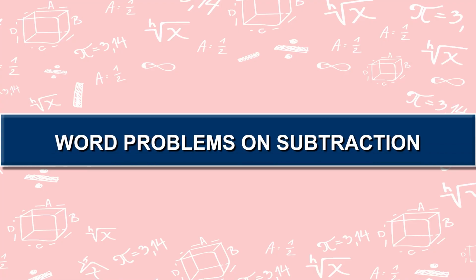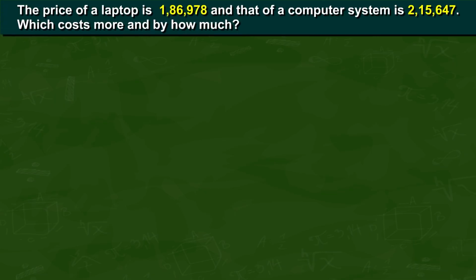Word problems on subtraction. Example. The price of a laptop is 1,86,978 and that of a computer system is 2,15,647. Which costs more and by how much? Solution.